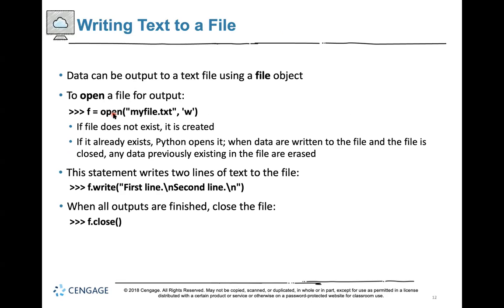So in Python, the primary function to deal with a file is this open function. So you can open a file, given a file name, you pass in the mode. This mode W here means to write into the file.